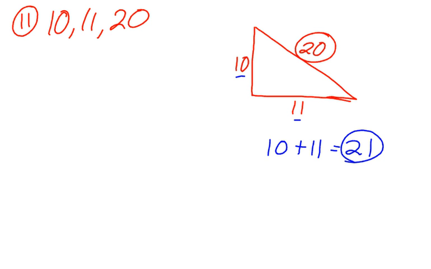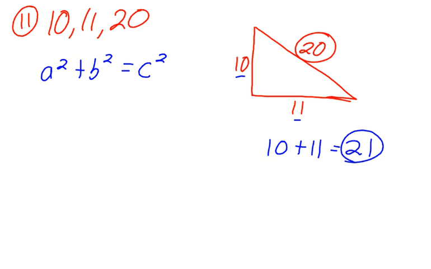So let's use the Pythagorean theorem to check whether these three numbers, since they do form a triangle, form a right triangle. We go back to a squared plus b squared is equal to c squared, where a and b are your two small sides and c is your longest side.